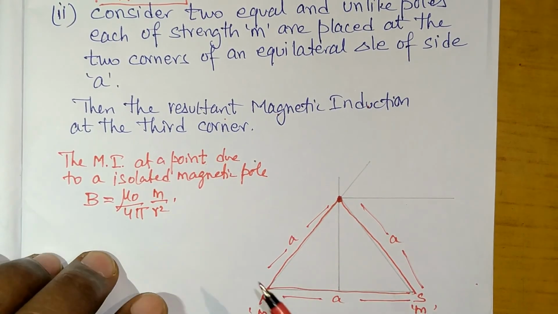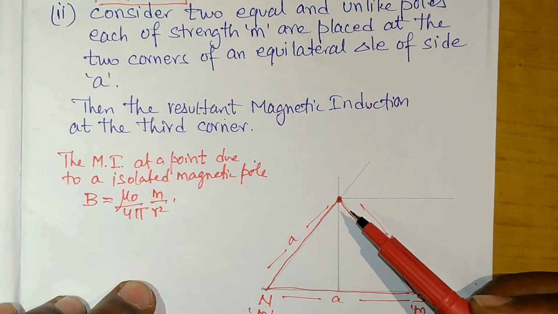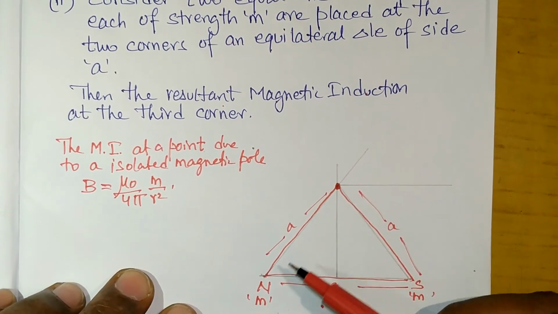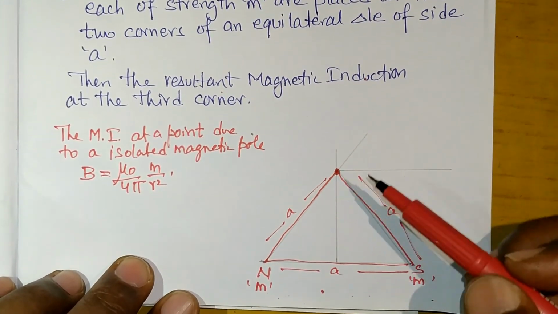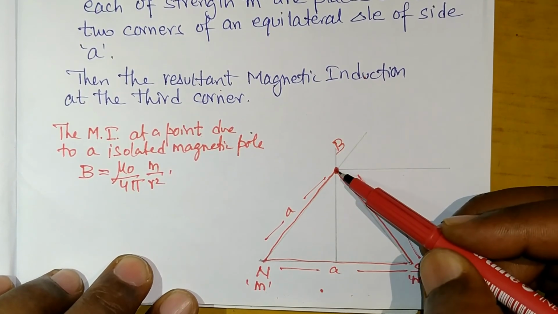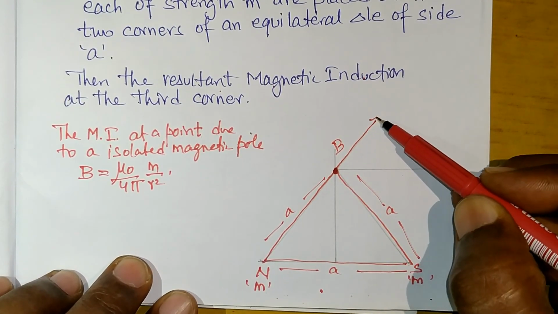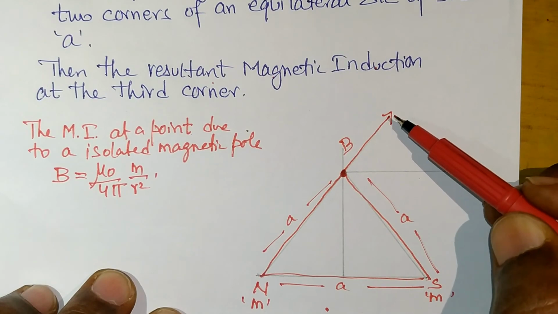So its value is B. Therefore the magnetic induction at this point due to this north pole will be B, and its direction will be away from the north pole.